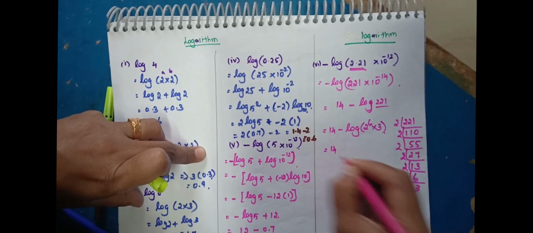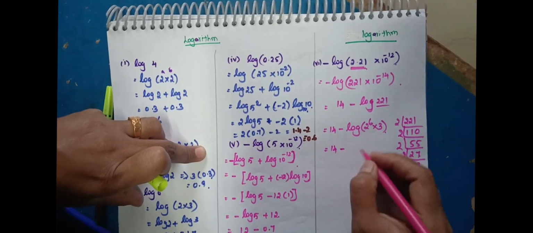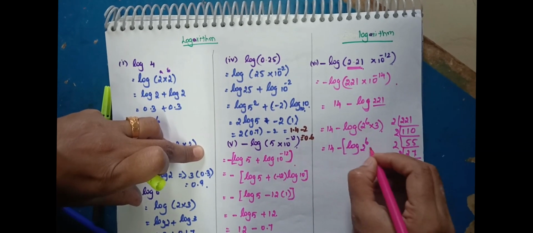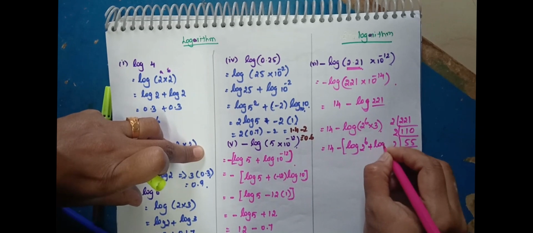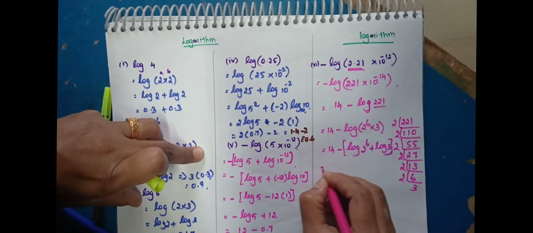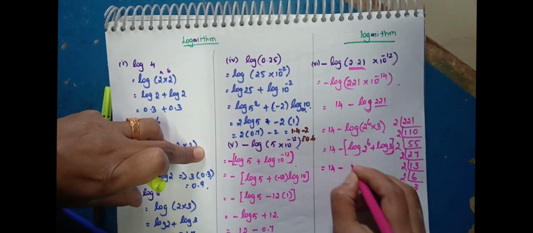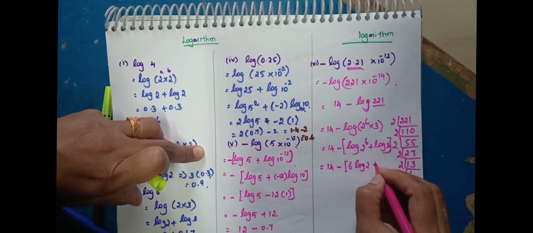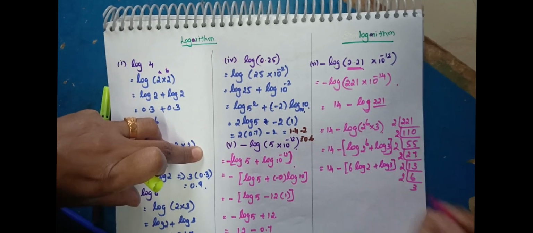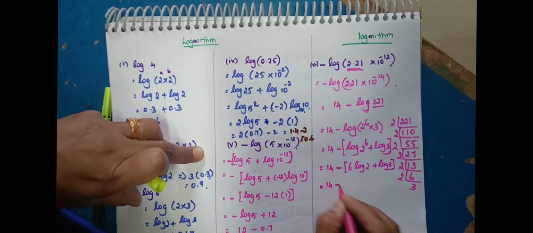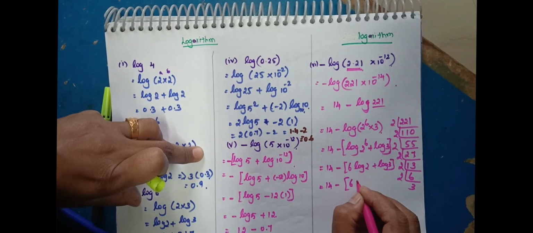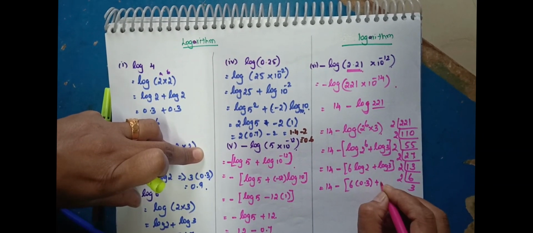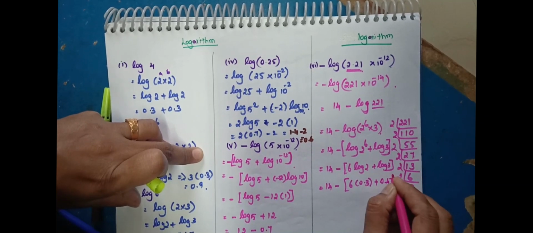Fine. So remaining things you can leave, no problem. So 14 minus log of 2 power 6 plus log 3. So again it will change as minus 6 log 2 plus log 3. Okay. Now 14 minus 6 into log 2 is 0.3, and then plus log 3 is 0.47.